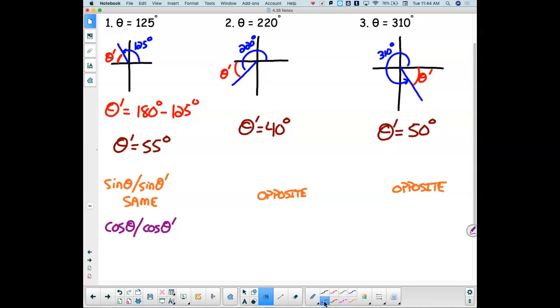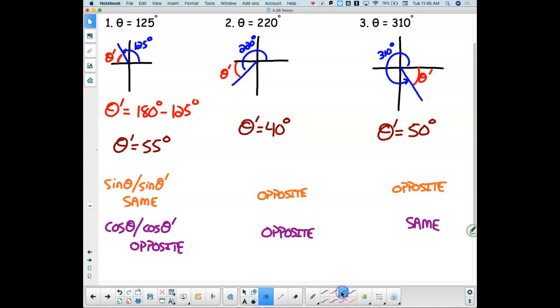First one, opposite. Second one, opposite. Third one, same.